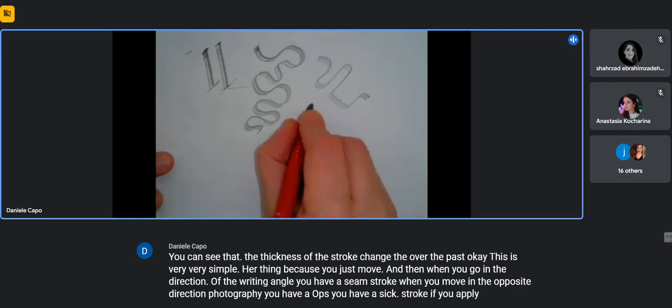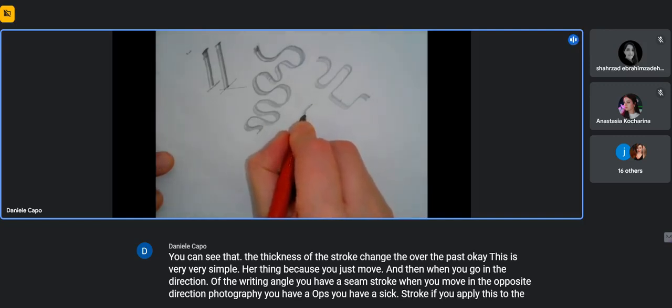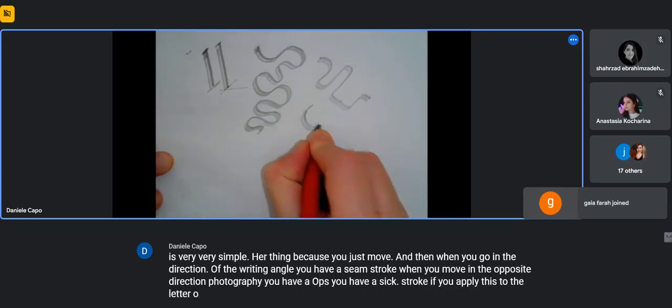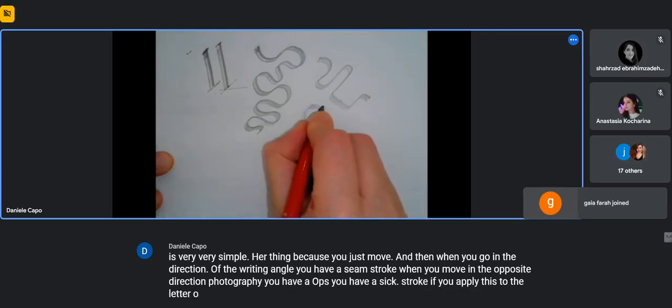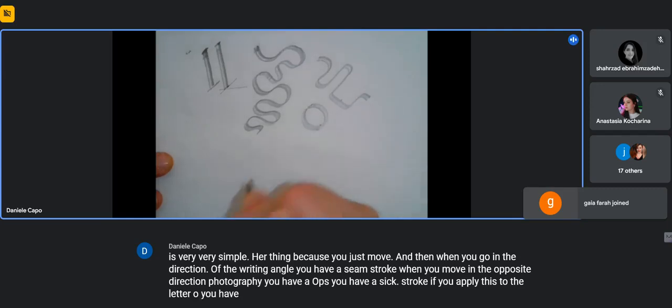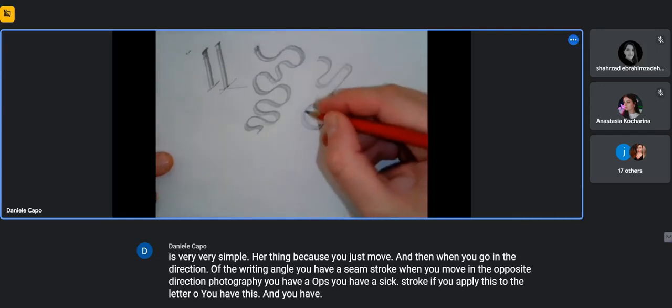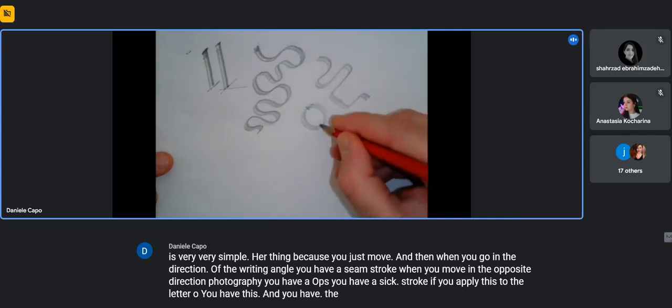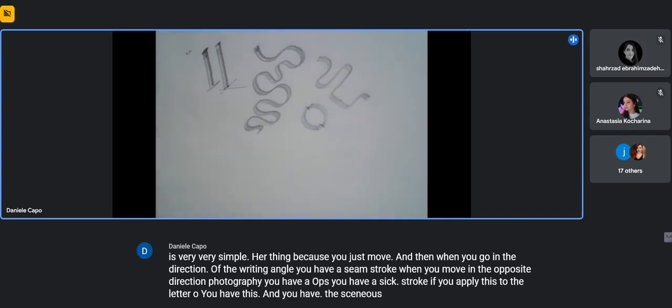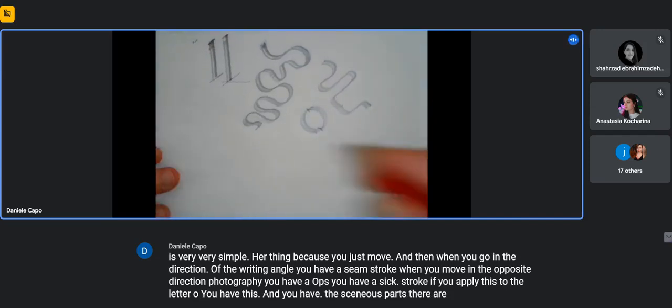If you apply this to the letter O, you have this, and you have the thinnest parts that define the axis.